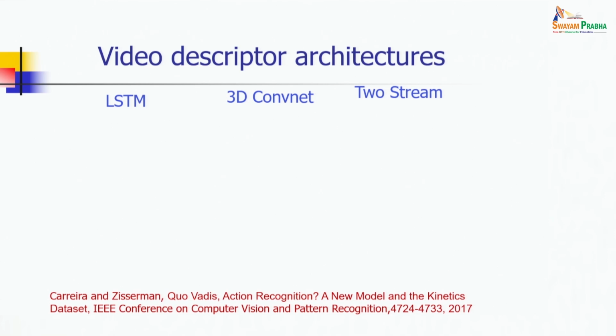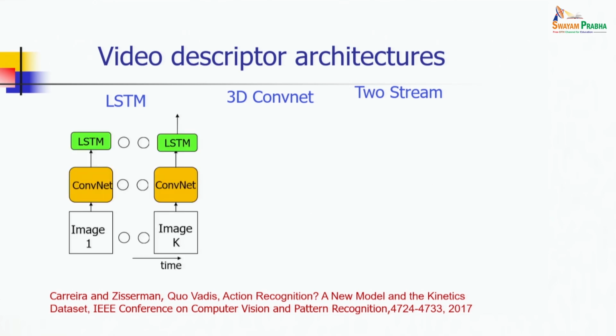So now the video descriptor architectures that have been proposed, or summarized by them. One, as you can see, is the simple LSTM. You can have an LSTM of say K LSTM nodes, and these are the image inputs.